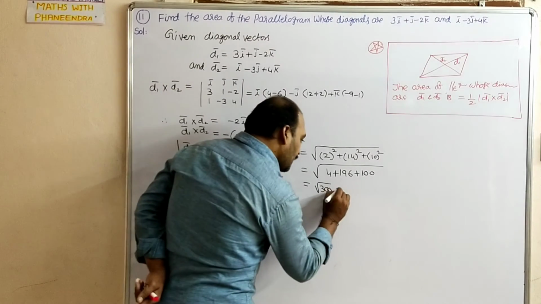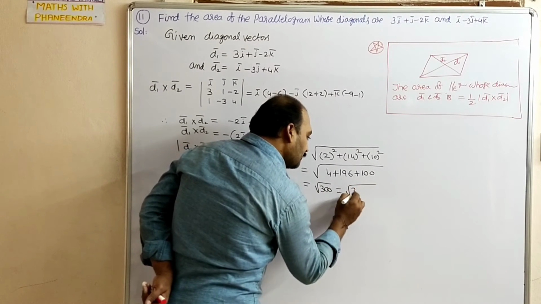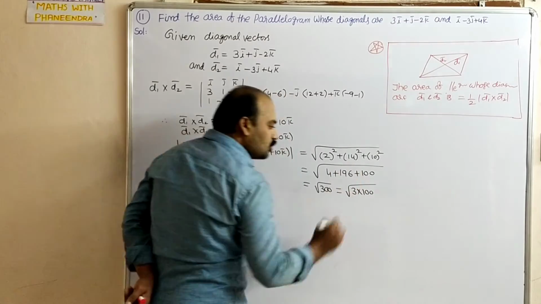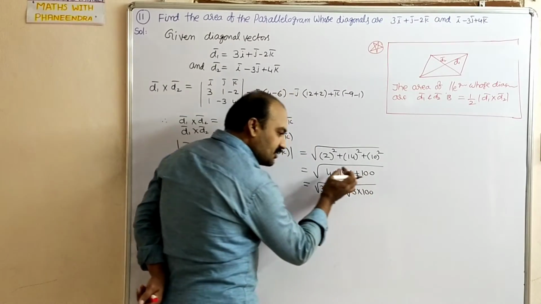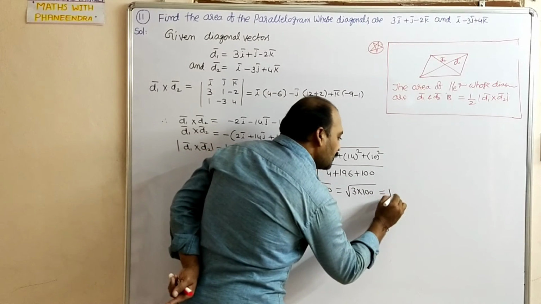So root 300 can be written as root of 3 into 100. 100 you can take outside of the root. It will be 10 root 3.